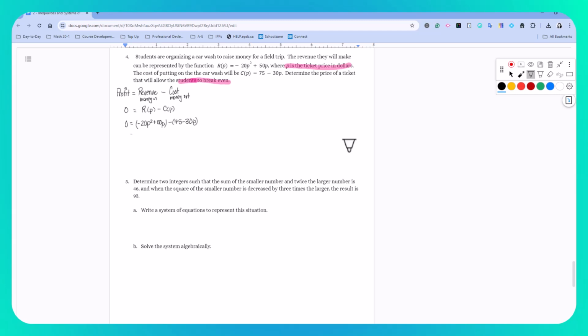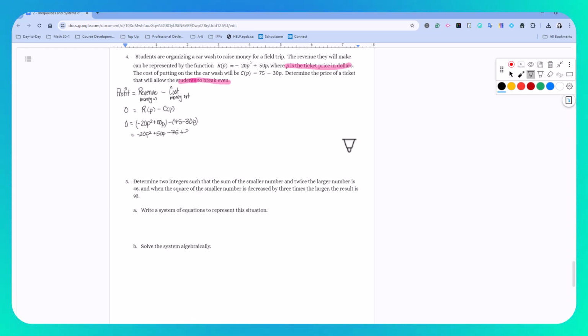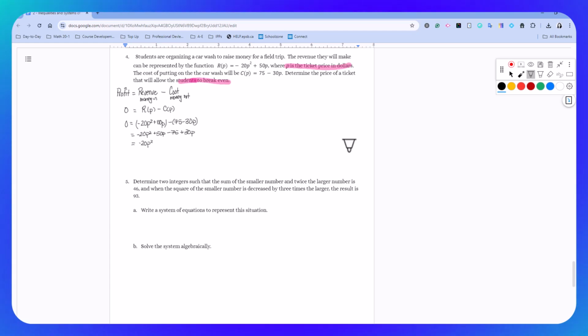And after we distribute that subtraction sign through the cost expression, we get negative 75 plus 30p, which gives us negative 20p squared plus 80p minus 75. And this is something you've done before in quadratics. Now we can actually solve for x.